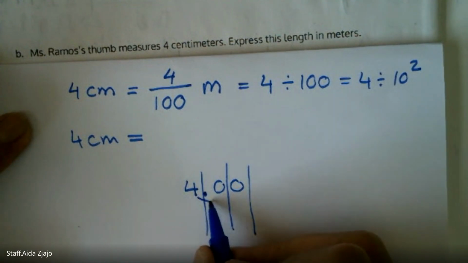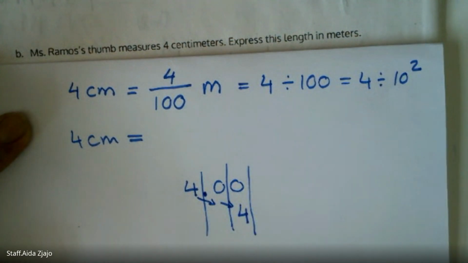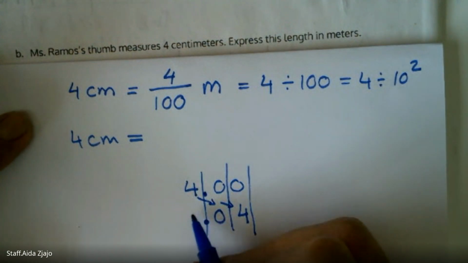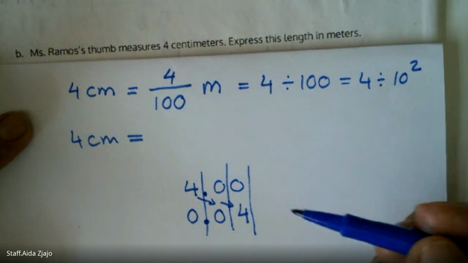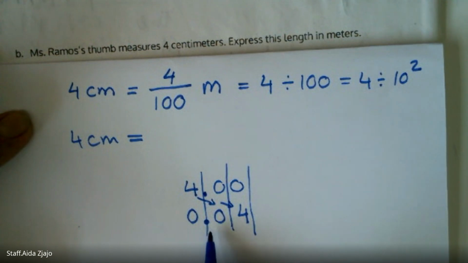The 4 is going to go once, twice, so 4 is going to be right here. So the decimal point, so the answer would be 0.04. That means 4 divided by 100 is 0 and 4 hundredths, 4 out of 100 pieces.